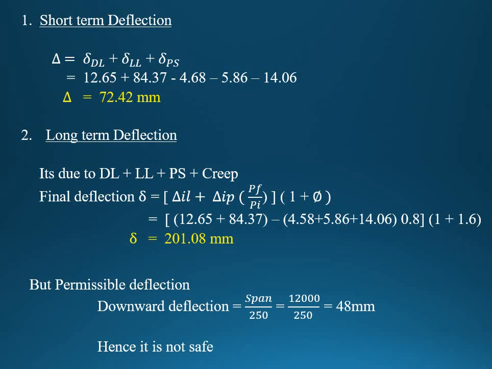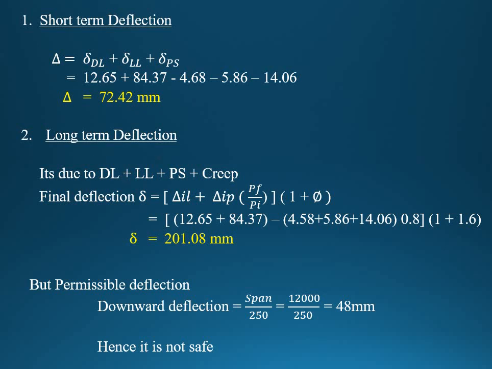The values are 12.65 plus 84.37, and for all the 3 cables or 4 cables, the sign is negative. Deflection due to pre-stress, we got everything in terms of negative. So if you substitute in terms of negative, you will get delta as 72.42 mm.